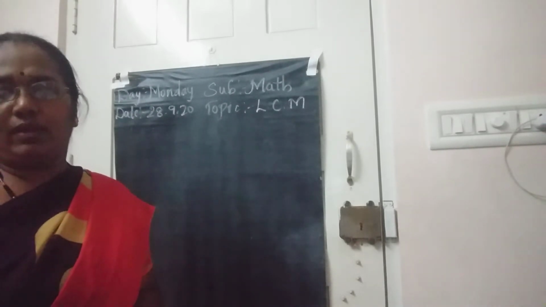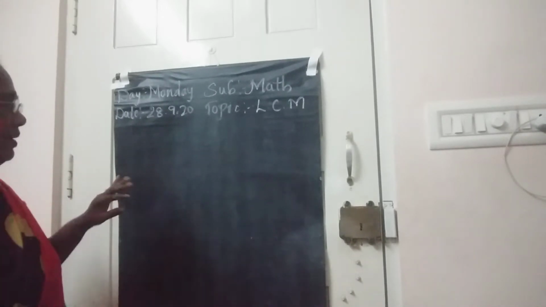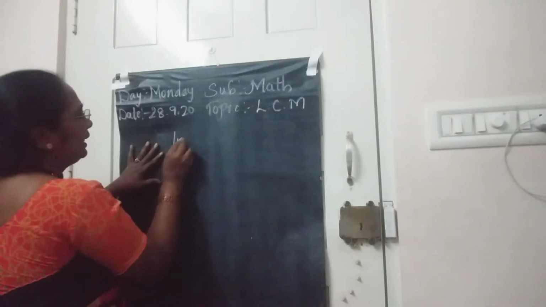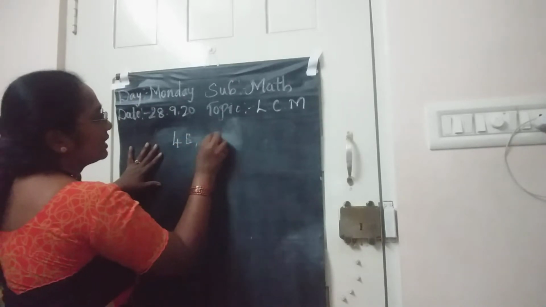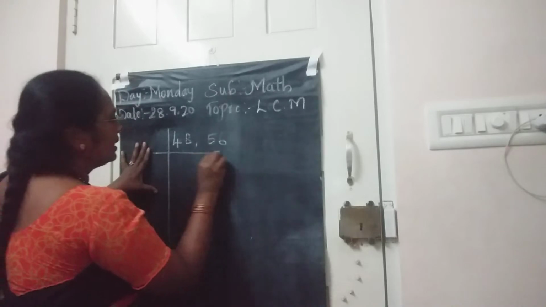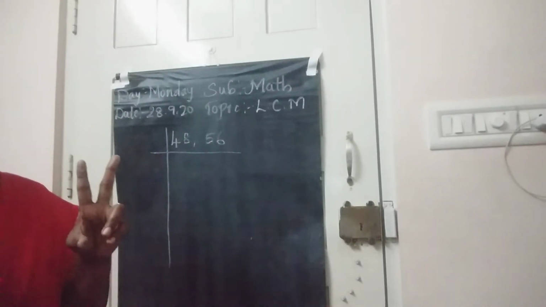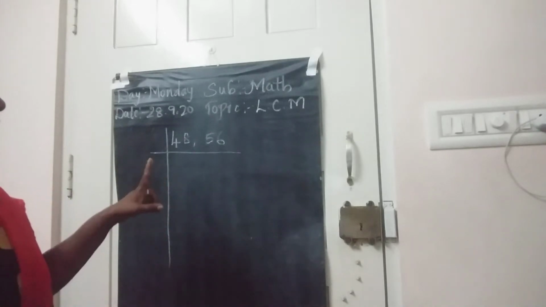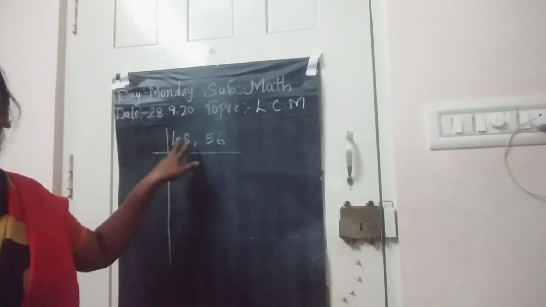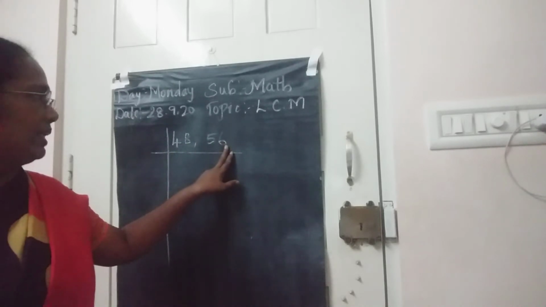The same way, they are going to give you 48 and 56. Take the least number that divides both. Which is the least number? The least number is 2, and 2 goes in 48 as well as in 56.